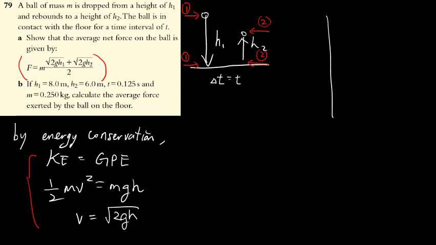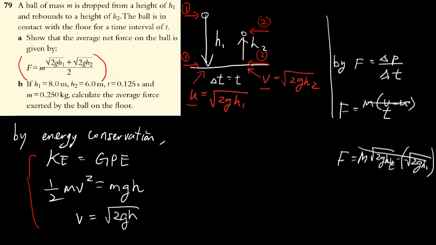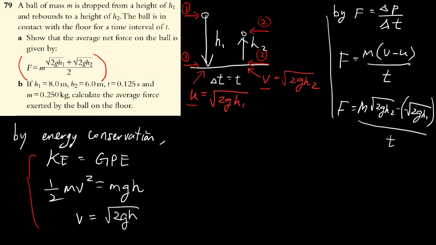Therefore, the velocities before and after the collision, u and v here, can be represented by the square roots of 2gh, with the respective h of each. After that, it's very clear already. By applying the usual equation, force equals change in momentum over time, you just plug in v and u.